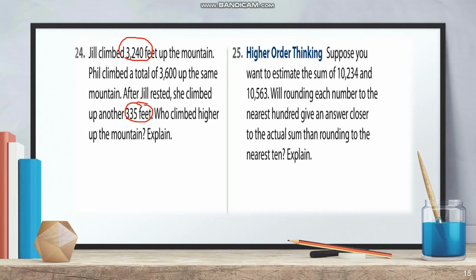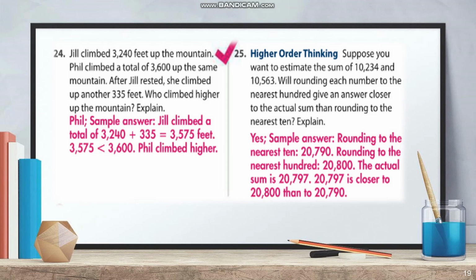So we simply add 3,240 plus 335 for Jill. That is 3,575. Comparing to Phil, who climbed 3,600, 3,575 is less than 3,600, or 3,600 is greater than 3,575. That's why the answer is Phil, and Phil climbed higher.